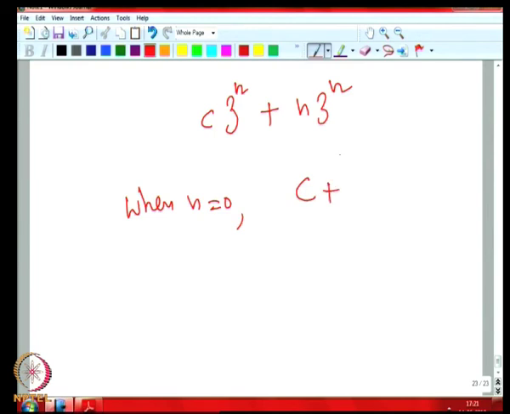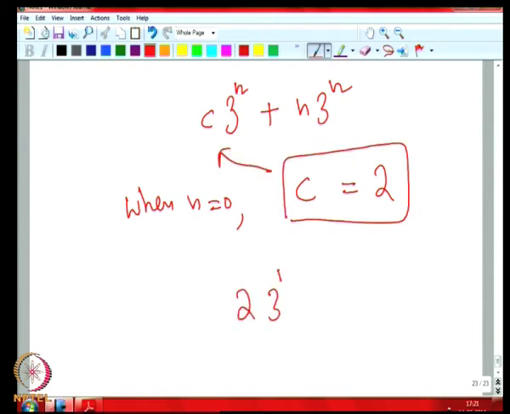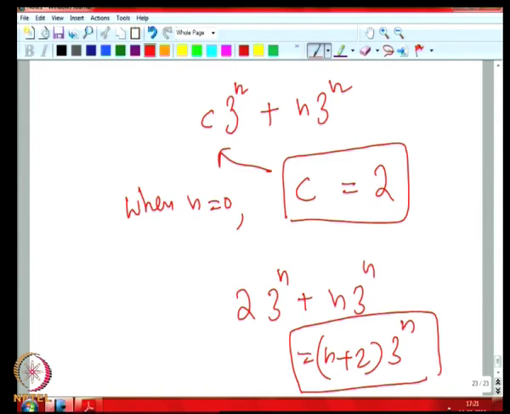This will be c plus 0, simply c, because this term will go away, and this has to be equal to 2. Therefore, we select c equal to 2 and substitute here. So, 2 into 3 raised to n plus n into 3 raised to n, that is (n plus 2) into 3 raised to n, is indeed a solution for the given recurrence relation, which satisfies the initial condition also. If you put n equal to 0, you will get 2 here, and by the construction of this solution, we know that it satisfies the recurrence relation.